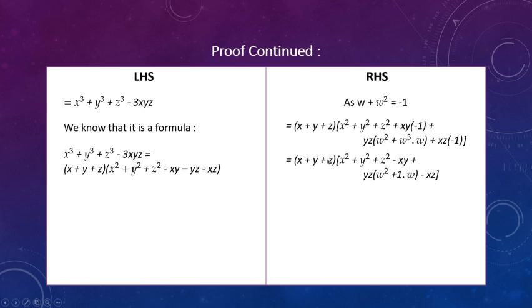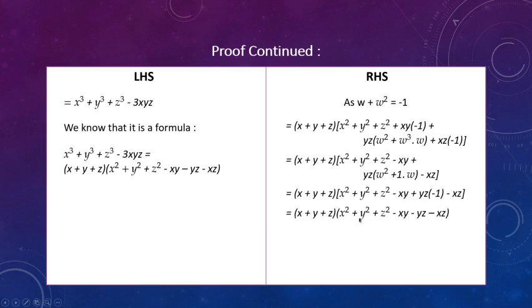X plus y plus z, x square plus y square plus z square minus xy plus yz into, here we have omega square. We have replaced omega cube with 1. So it is omega square plus omega. This is minus xz. We have replaced omega square plus omega equal to -1.